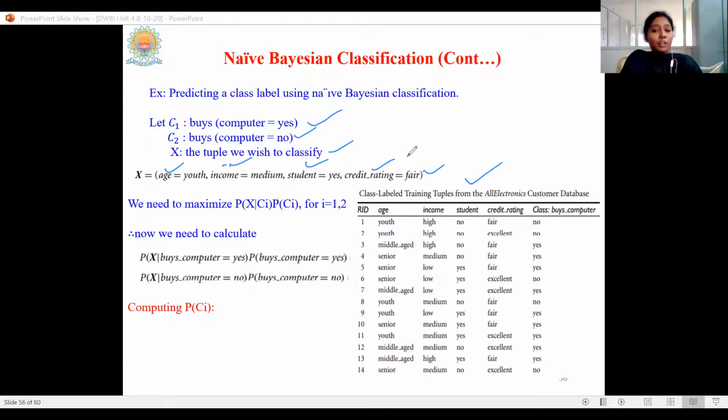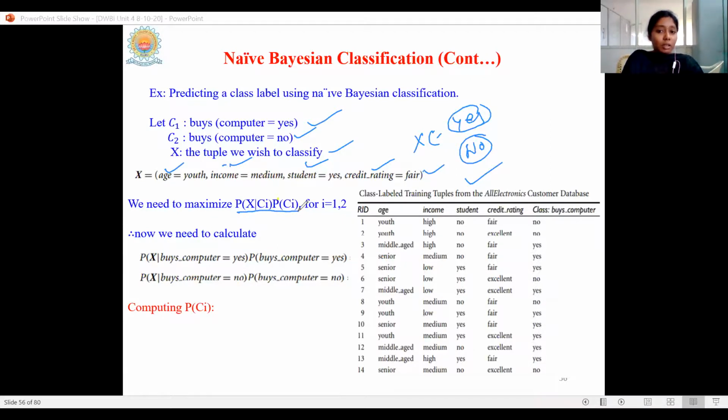For this tuple, we need to calculate the class label, that is, whether X belongs to yes or no. For that, first we need to maximize this.